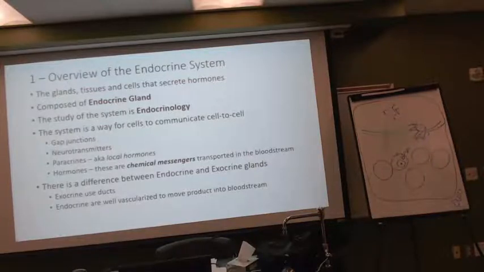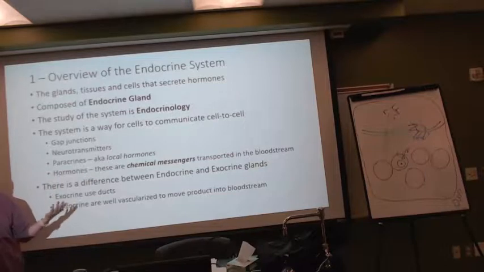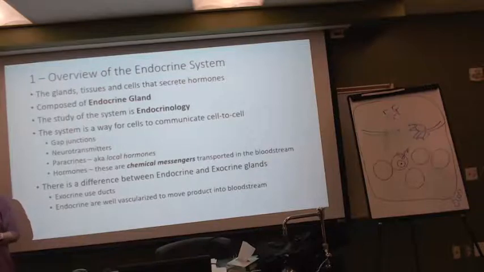We're looking at the endocrine system, but we also have come across stuff called exocrine, okay? This is referring to the mode in which it gets rid of its product. An exocrine gland uses a duct. For example, think about an oil gland.